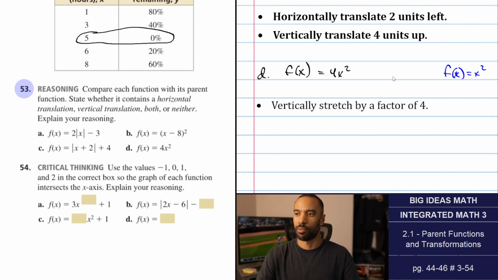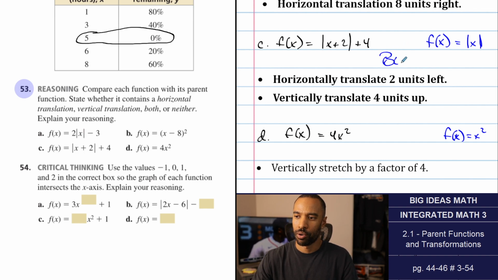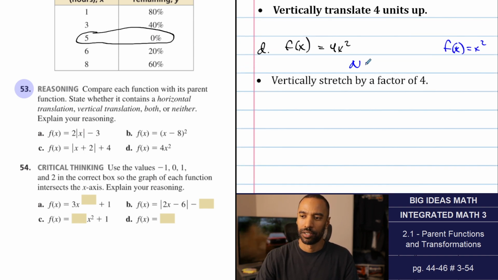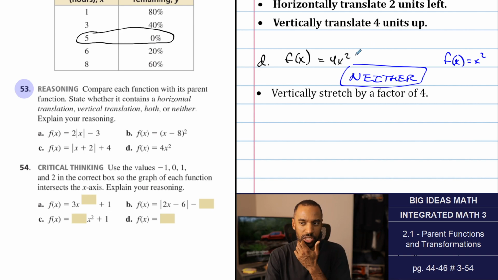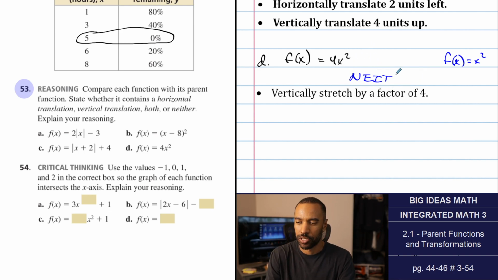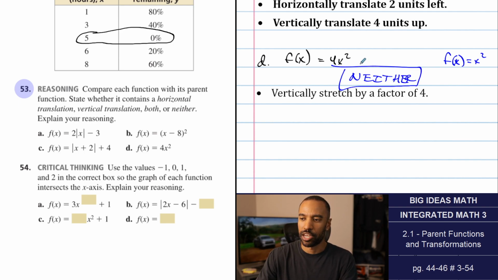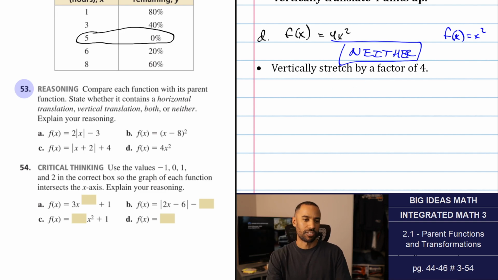No translation. So let me say this for C, I'll say both. And then this one, neither. You saw what they were before. Based on that, see, this needs some sort of like +7 or something like that to be a vertical translation. Okay. Not deep on the explanation bit. I think it's more of once you start recognizing the equations for what they are. I think you're familiar at that point, if you're still listening.